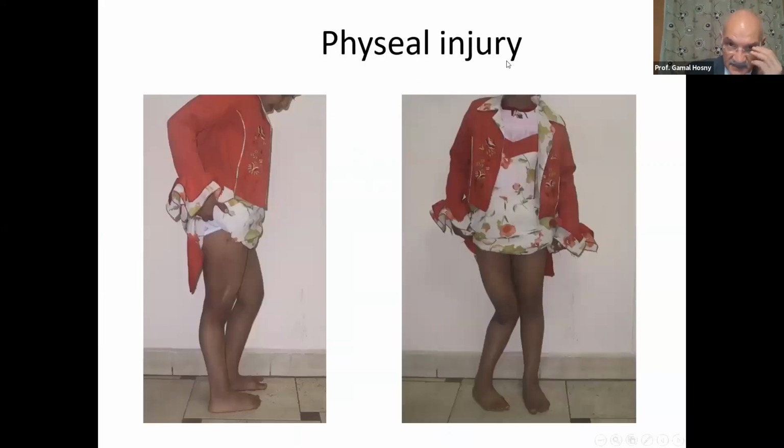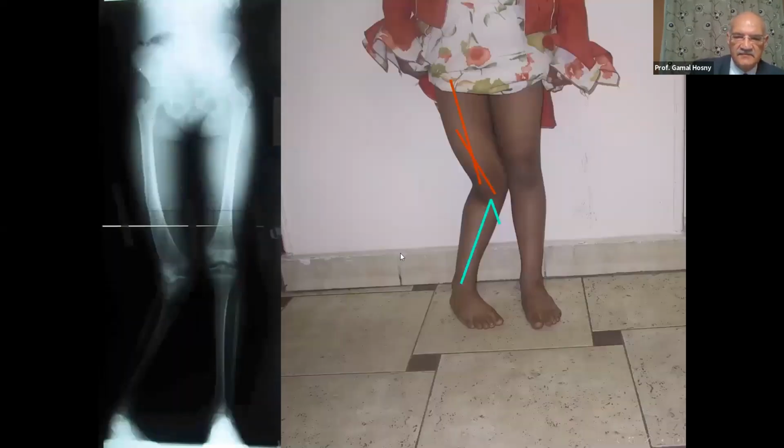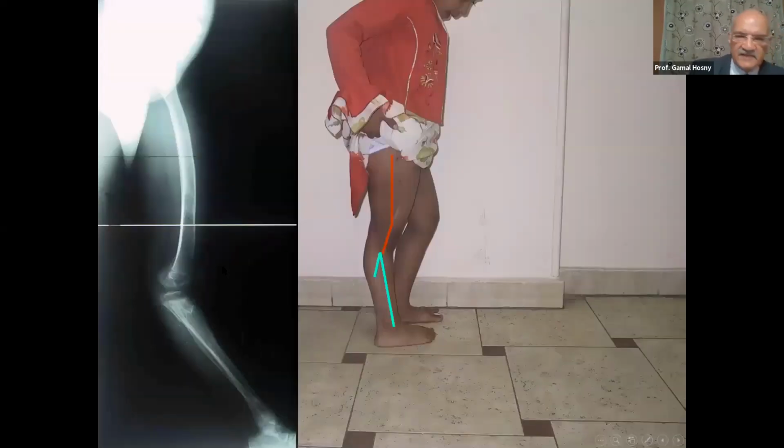And this is an example of osteotomy rule number 2. We have a physeal injury, and you look to the valgus and the recurvatum. This is the AP and lateral. The deformity lies in the joint or in the physis, but we don't want to do an osteotomy through the physis or the joint.